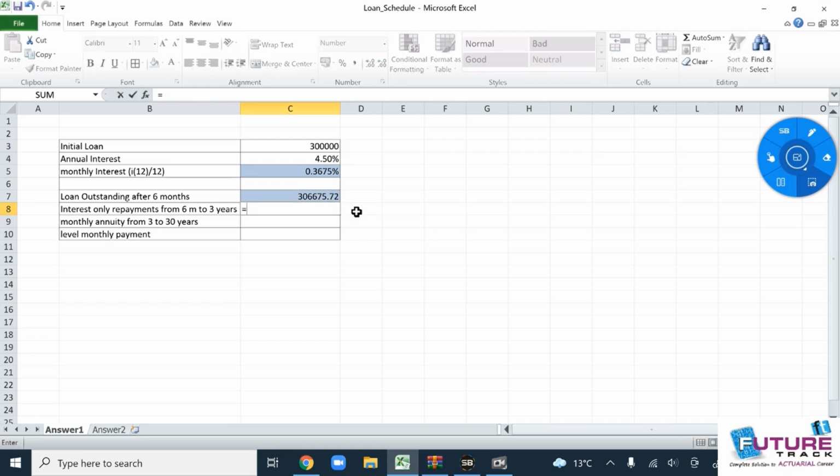This is my loan outstanding. If I multiply this into i12 by 12, we get the interest payment. So class, this is my interest payment per month from 6 months to 3 years.